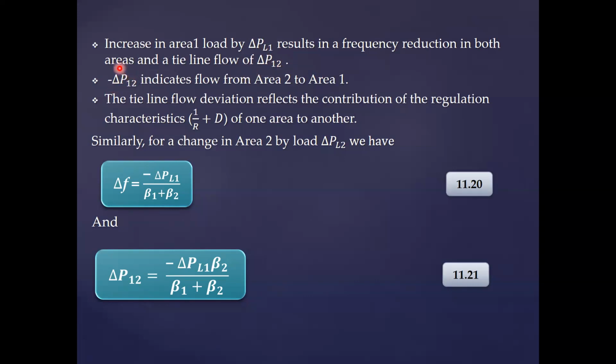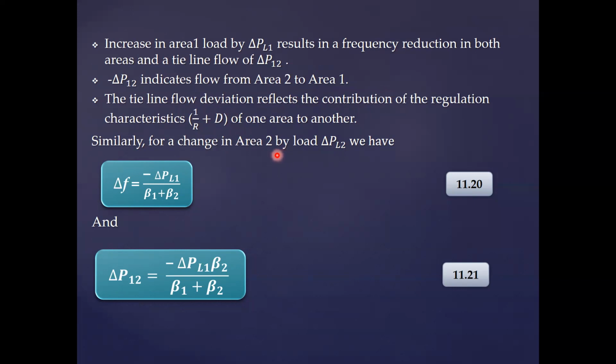Minus del P12 will indicate power flow from area 2 to 1, which we can say as del P21. And the tie line power flow deviation will depend upon the regulation characteristic, that means what is the droop and what is the load damping constant here.